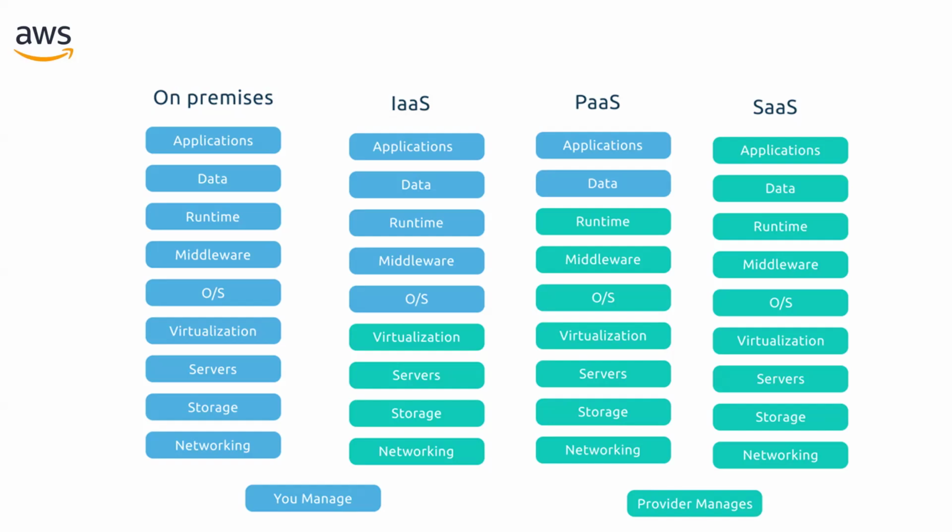Azure, they manage it. Whatever vendor you select, they are going to manage it. So these are the three different types of cloud computing models we are going to see.